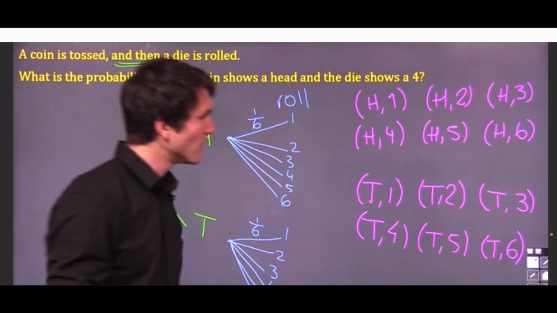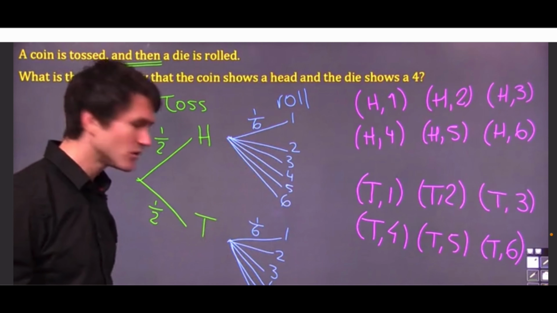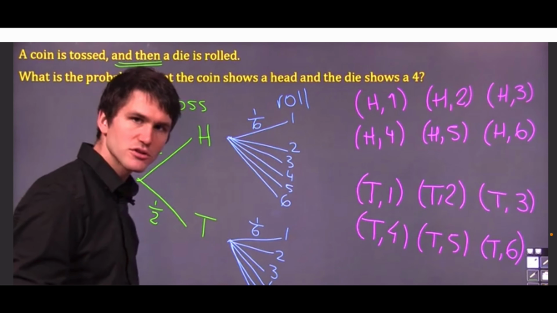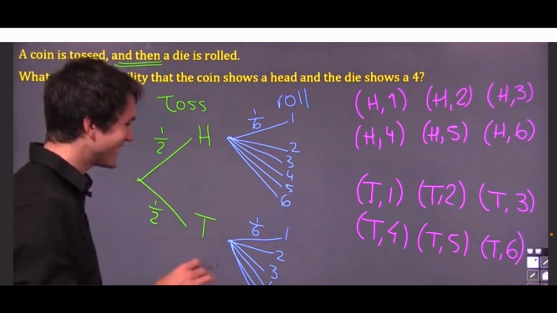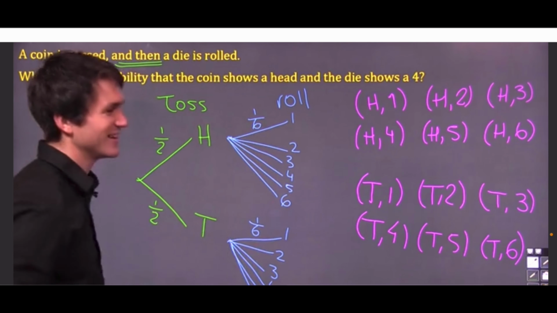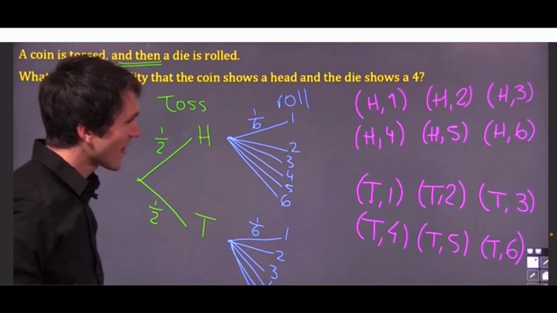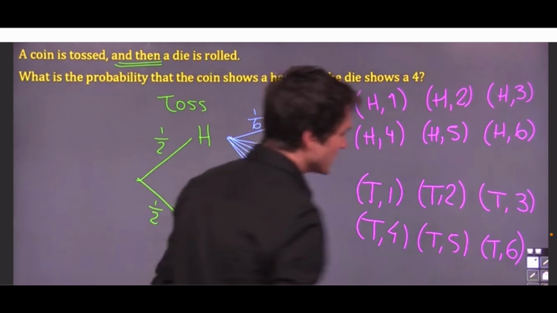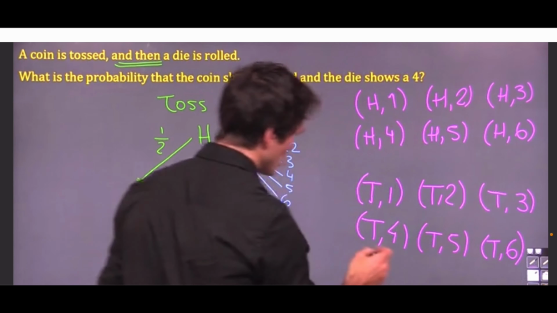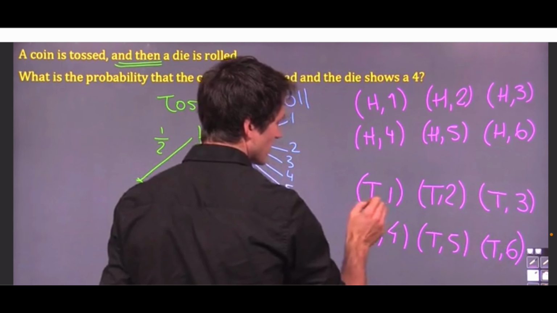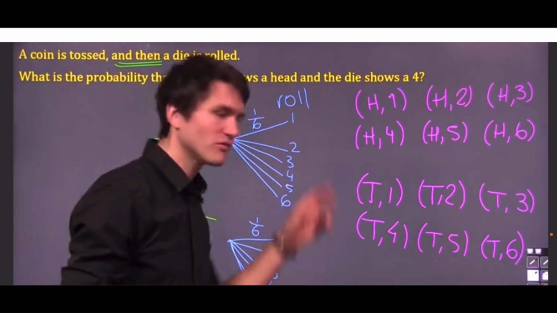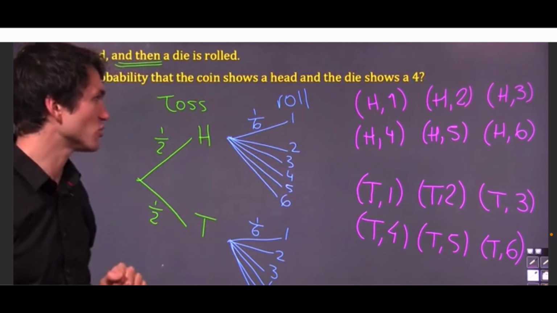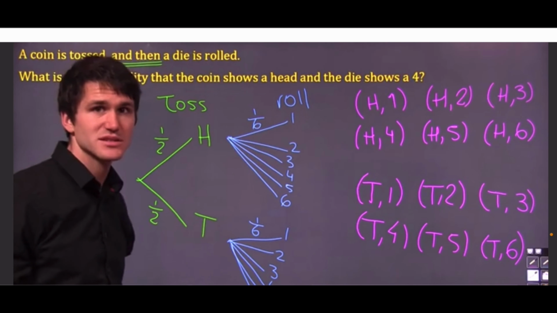Can you see any other outcomes that could have occurred? No, I think we've covered everything. We have all our outcomes accounted for. In total we have 12 outcomes, which correspond to our experiment.